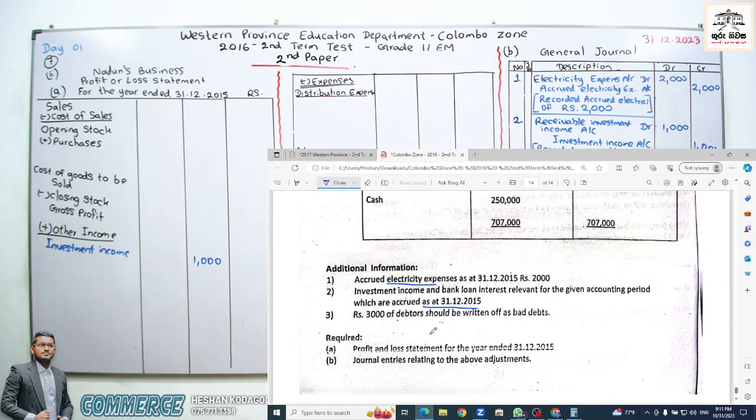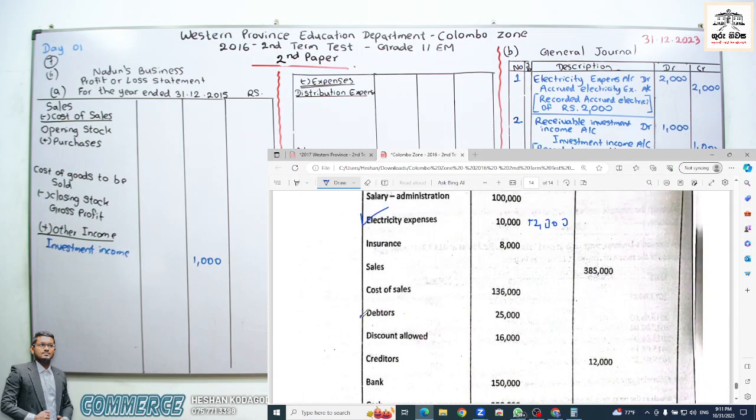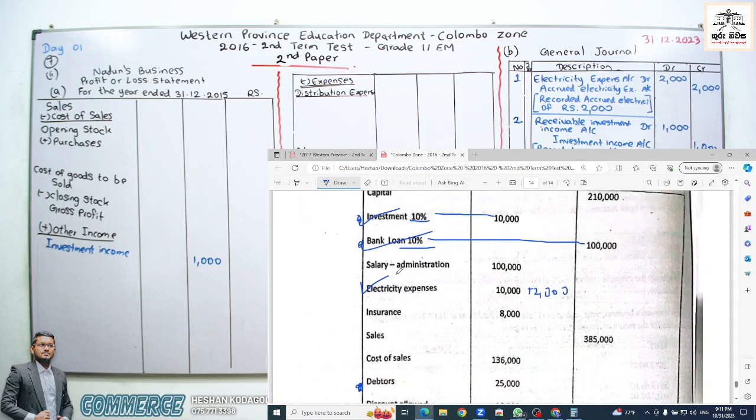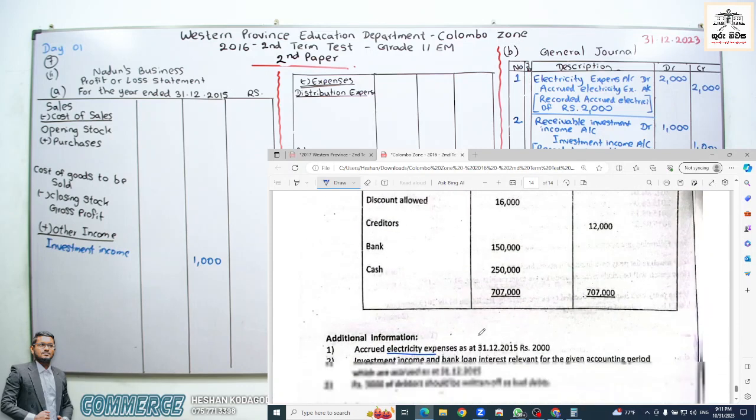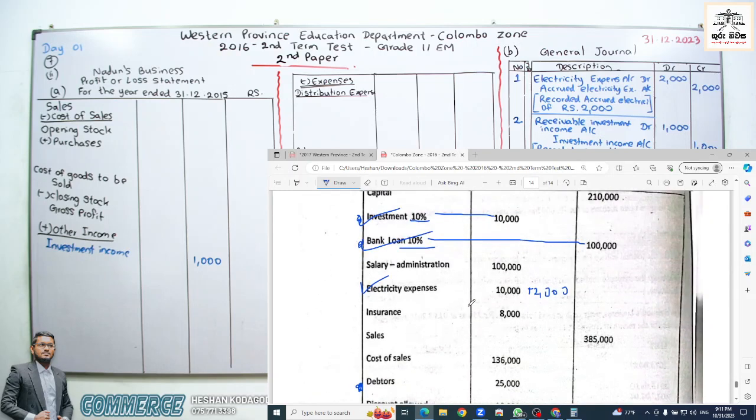3,000 of debtors should be written off as bad debts. Quickly find how much the debtor is. Think whether we have already identified these bad debts. There is no information regarding previous bad debts.